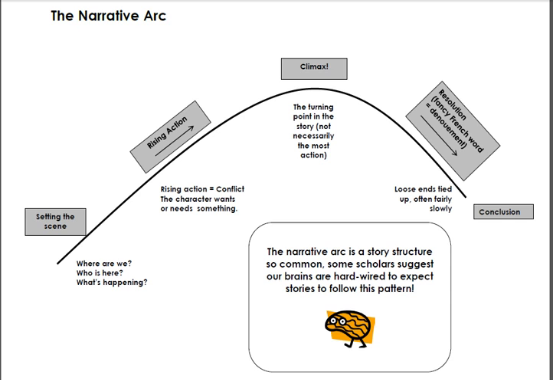I think the other day, but I wanted to explain it a little bit more to you and what all the elements are. The narrative arc is important because that is how most of our stories are told. Even some stories play with time, and they still kind of follow this idea of setting the scene, of the rising action, of a climax, of a resolution, and a conclusion.